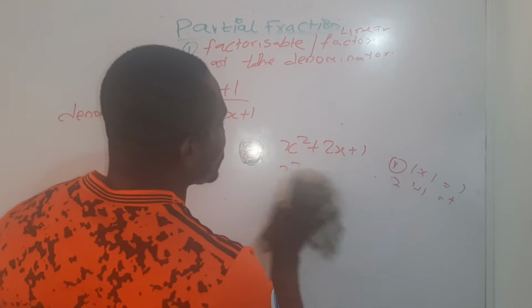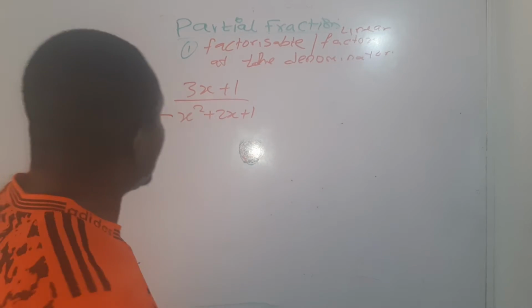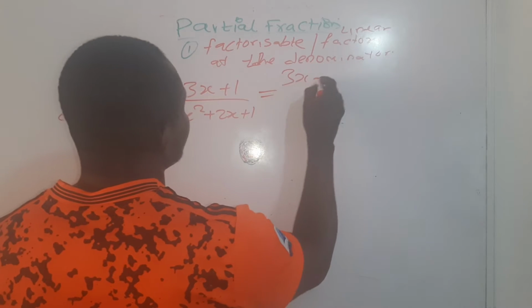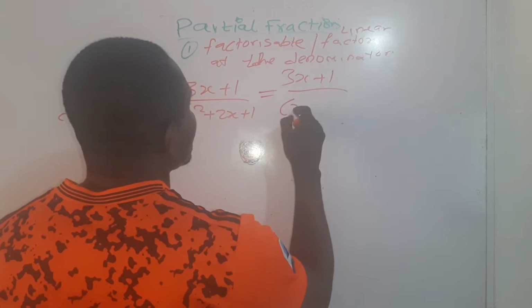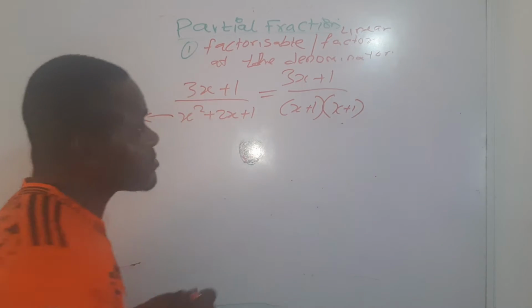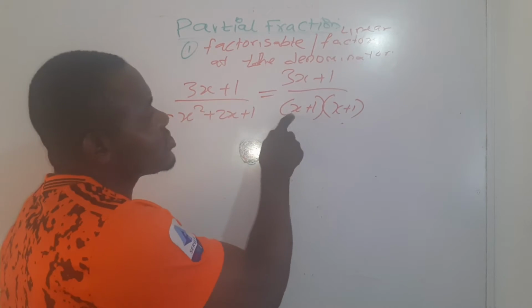So this is what we call factorizable, so I can now rewrite this before I do anything: 3x plus 1 over s plus 1 times s plus 1. You see now, that's what we mean by factorizable or linear. Linear means that s is not carrying a power.